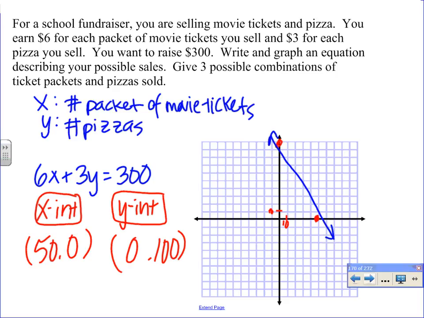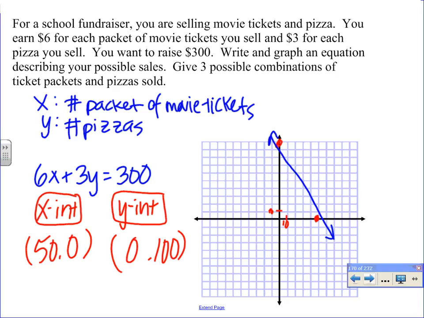So, how could I find 3 possible combinations, in theory, if I had a graph like this? That looks better. Okay, so what would I do? You just pick a point on the line, a number where it crossed somewhere nice. Right. So something nice.